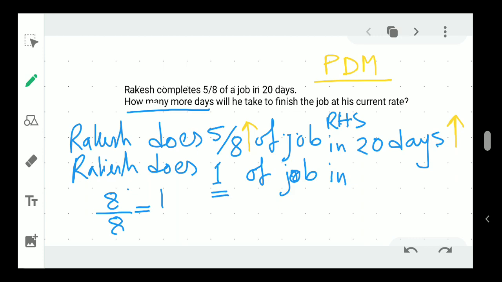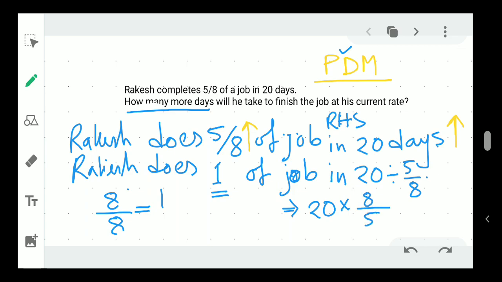So Rakesh does 1 of a job in, now we have to do division first to find for 1. So I will write 20 divided by 5 by 8. Now you know how to do division, right? To divide we have to flip first. So we have to do a flipping, that means it will be 8 by 5.